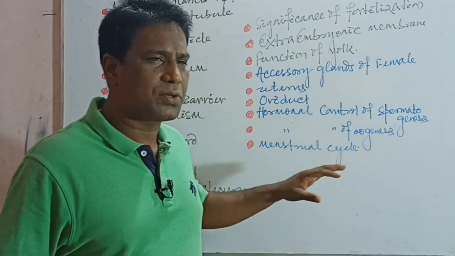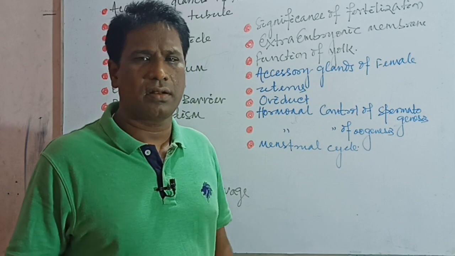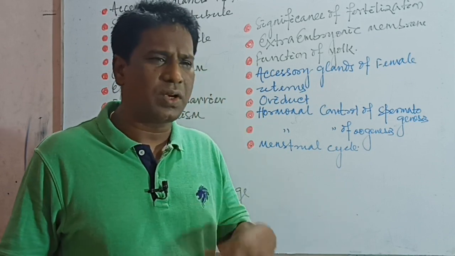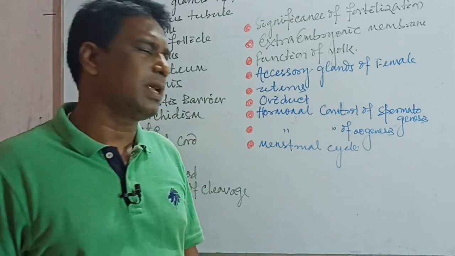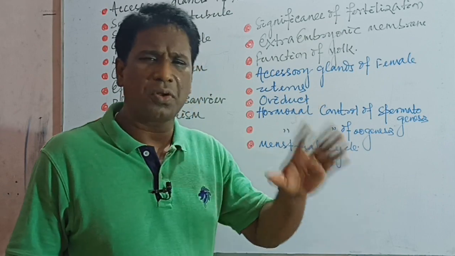As it occurs in cyclic order, and the time period is 28 days, it occurs in every alternate 28 days, and it is further divided into 4 phases.